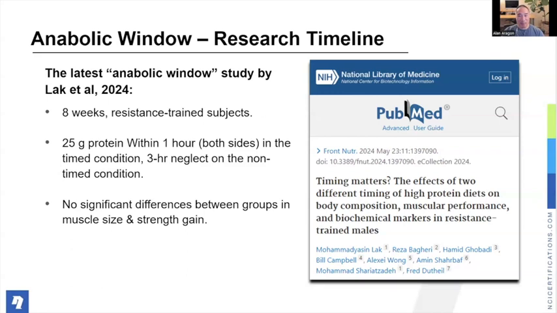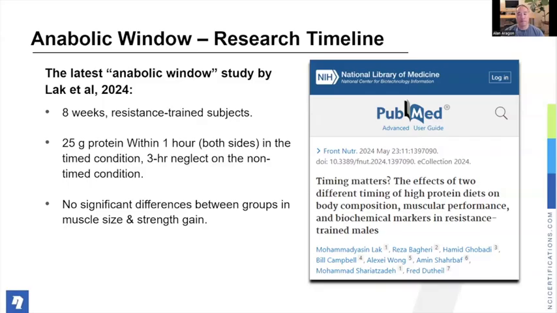And it just goes to show that the specific positioning of protein relative to the training bout, in the context of multiple meals in the course of a day, just doesn't make enough difference to be important and to obsess over.